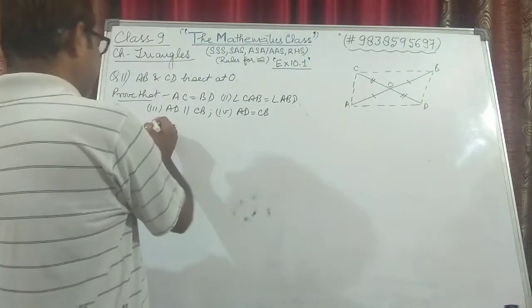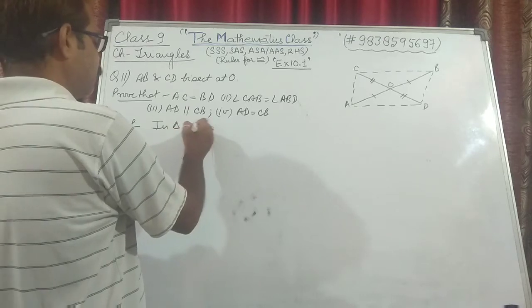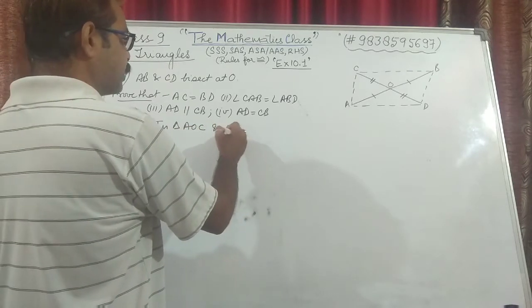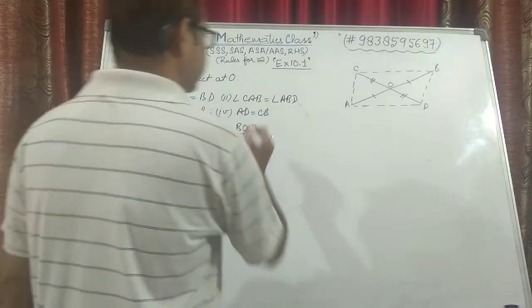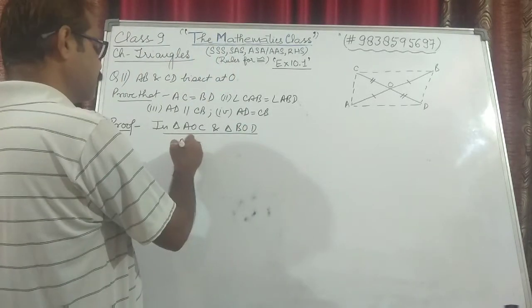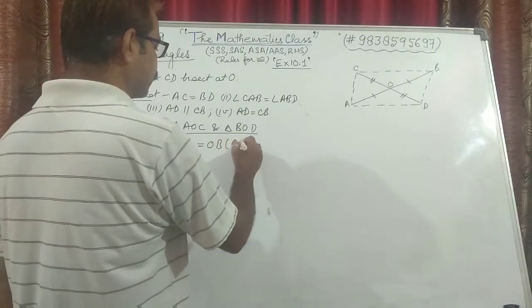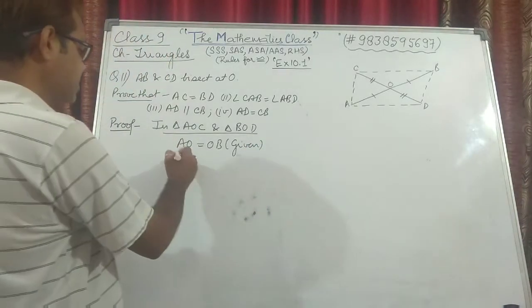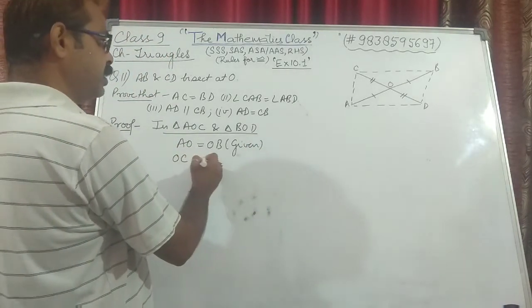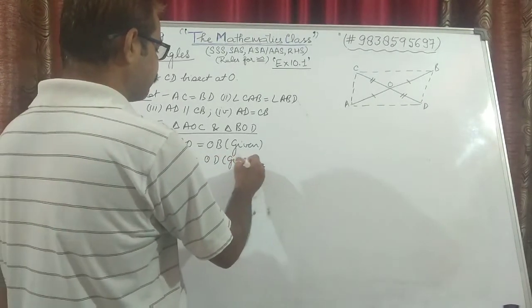So we will take triangle AOC and triangle BOD. What we can see, first thing is AO is equal to OB, that is given. Second point is OC is equal to OD, that is also given.